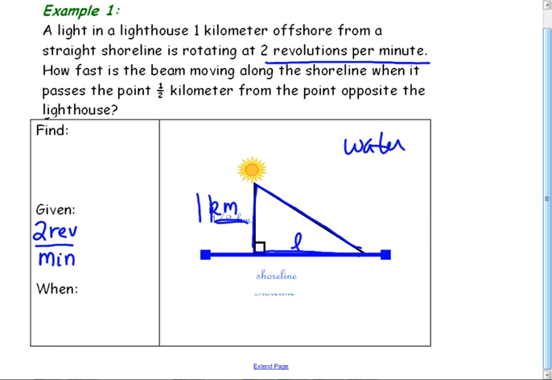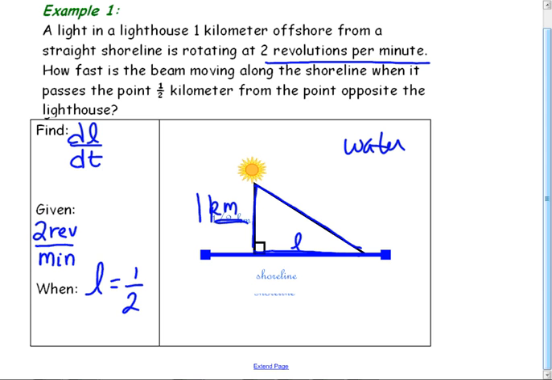So when this length here is a half a kilometer, L is equal to a half. If you read it slowly, you'll see what it's doing. And what is it I want to find? How fast is the beam moving? So I want to find dL/dt. Except I don't know what that is.